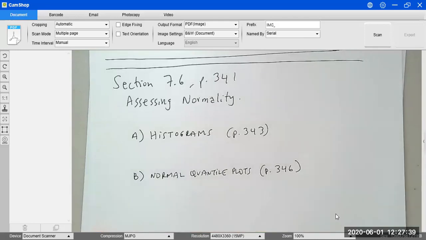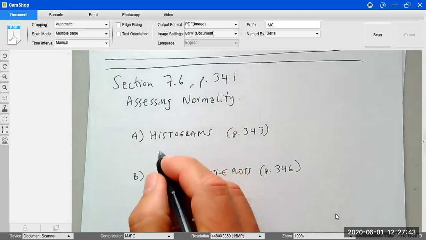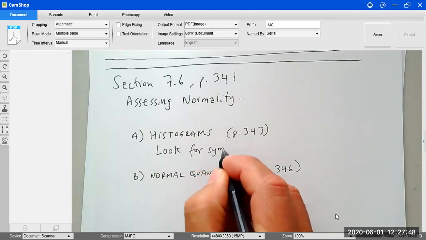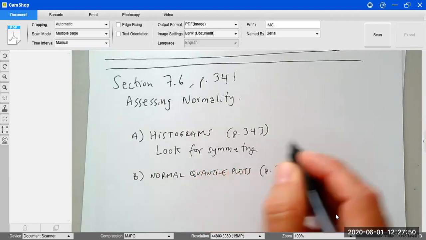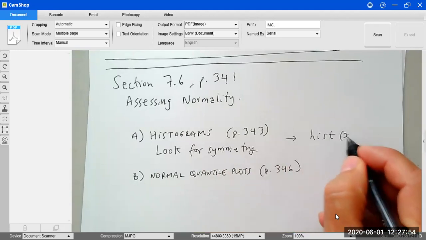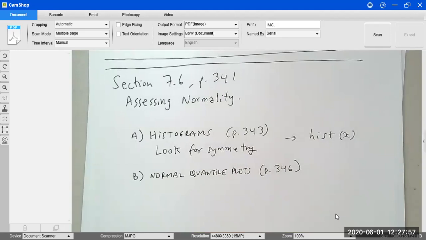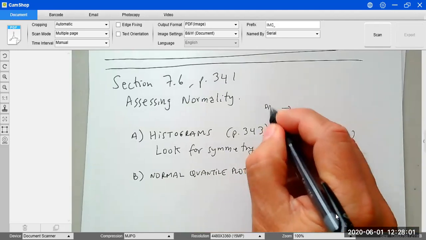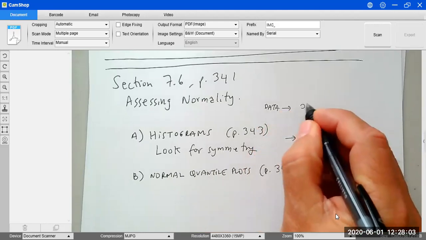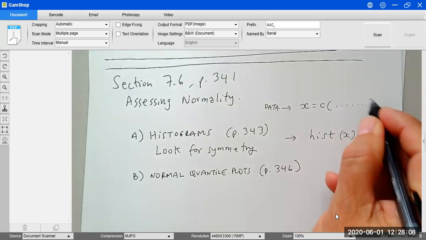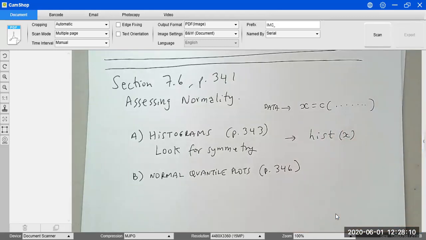When you have histograms, what you want to look for is symmetry. And you're going to use just a simple command in R. Remember, hist of x, as long as you enter the data. Your data enters as a sequence of values: x equals lowercase c, and you enumerate all your values.